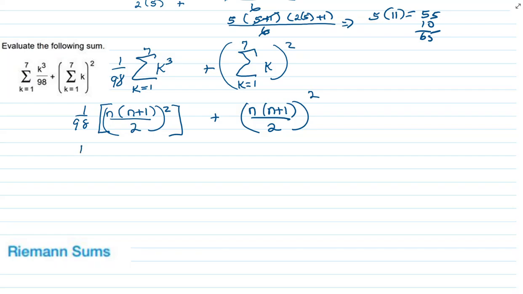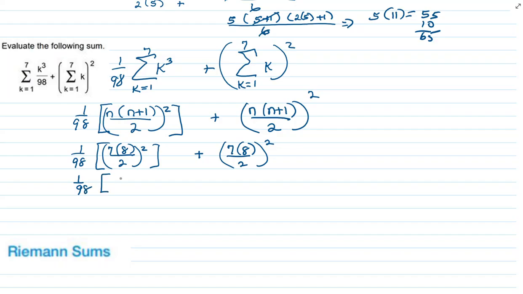So here we go. Okay. So this guy right here is 56 divided by 2, right? Because that is the cubed.